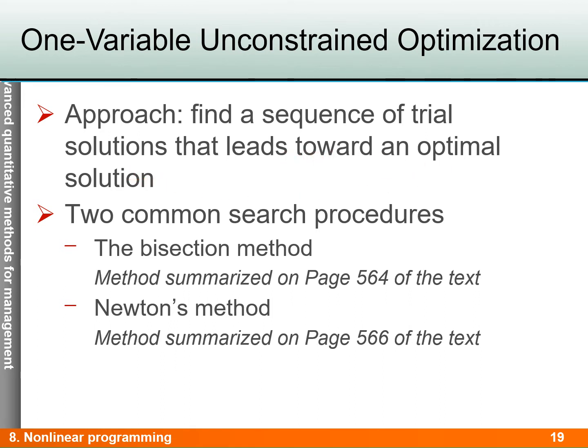So we find the possible interval of the solutions, and then step by step in different iterations we try to make this interval smaller and find the optimal solution. Now let's review the bisection method. For those who are interested to read more of this, you can find this explanation on page 564 of the book by Hillier and Lieberman.